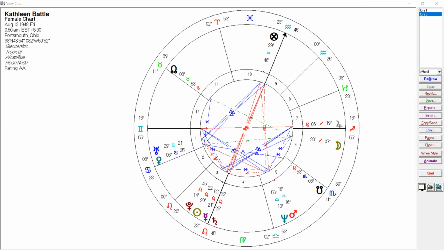The significators for father in traditional astrology are the fourth house cusp and the ruler, the sun by day, and Saturn by night, right? So any astrologer would look at the cusp of the fourth, they'd look at the sun. It's nighttime, rather. In this particular case, they'd look at the sun because the sun is the ruler of the fourth.